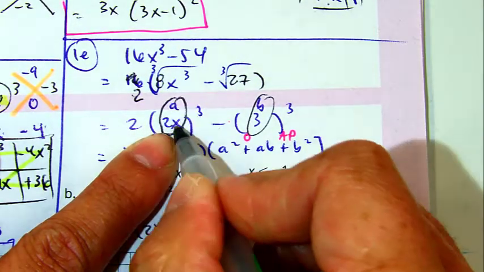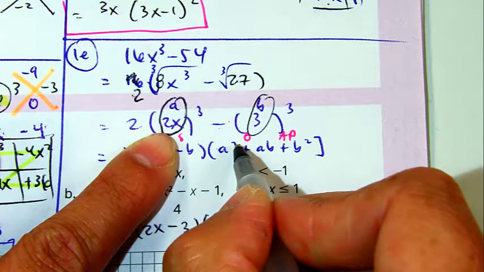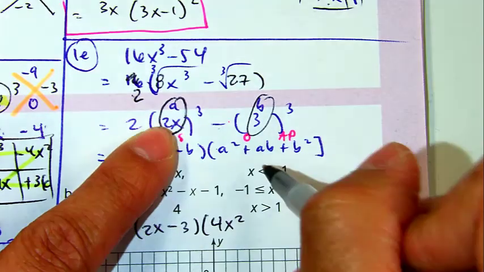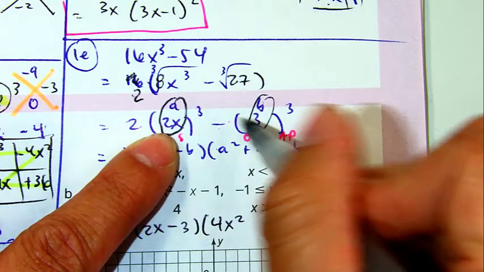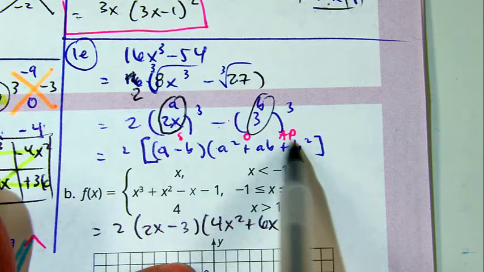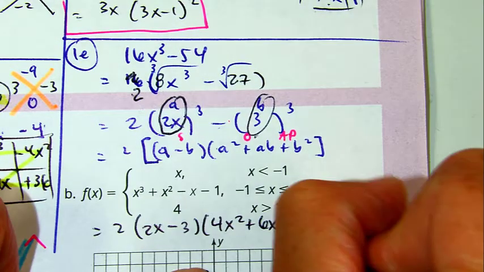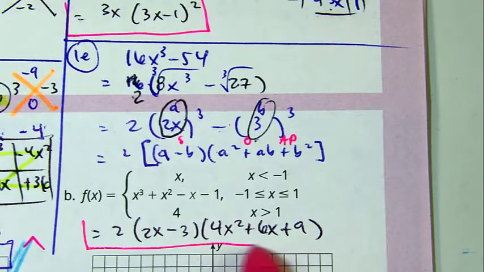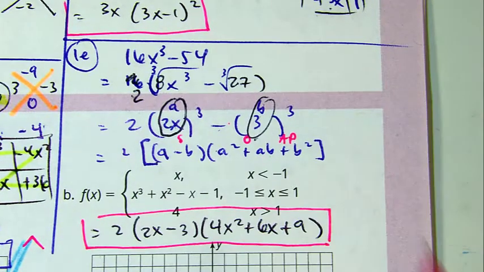So if I put in 2x here, this is 2x squared, which gives me 4x squared. A times b, so 3 times 2x gives me 6x. And then b is 3, so 3 squared is 9. So this would be my answer if you had factored 1e.